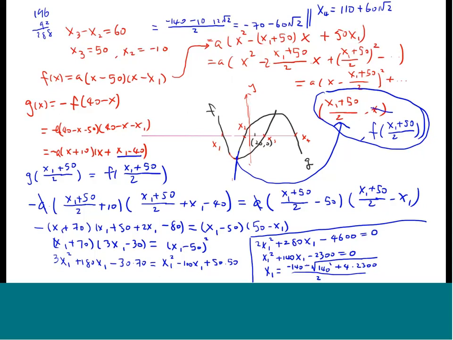So the answer for x4 minus x1 is 180 plus 120 square root of 2.